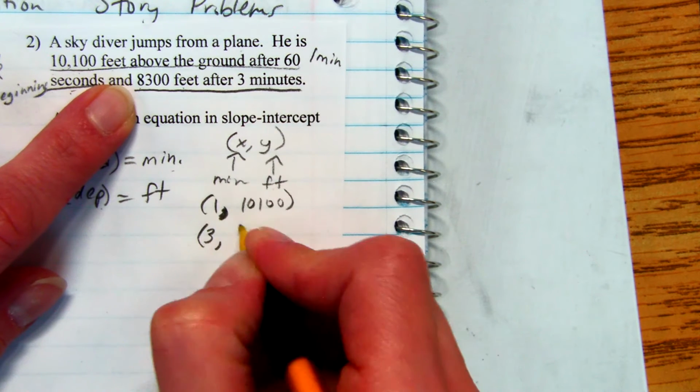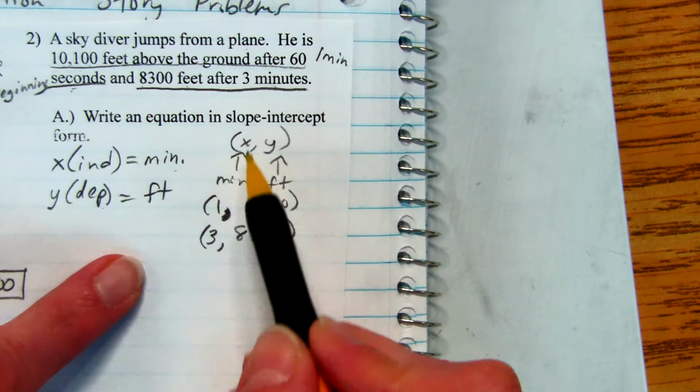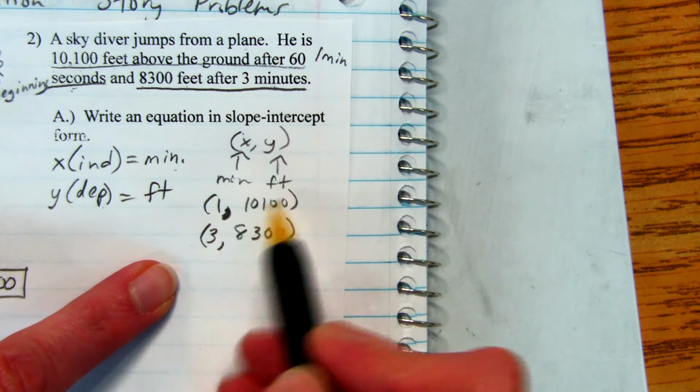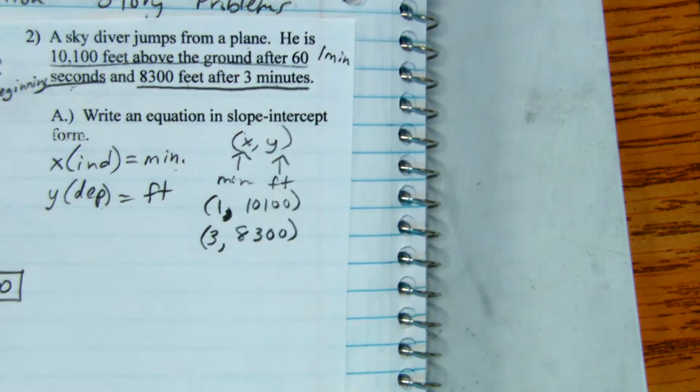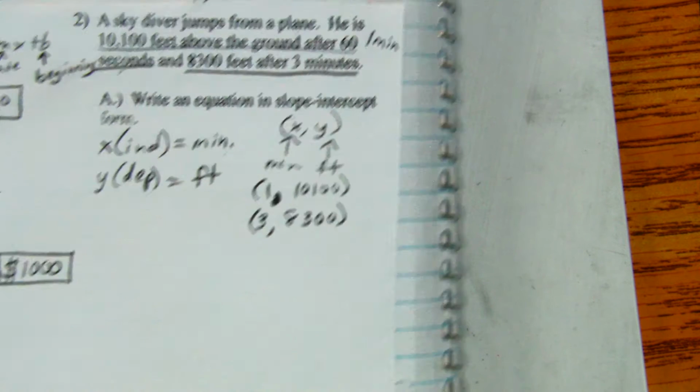So that'd be 3, 8300. So if I have this clearly defined, x is minutes and y is feet, I come up with 2 points. Well, guess what we just learned how to do last week? We learned how to write an equation when they give us 2 points. So now we just use the stuff that we've learned in the past to set up the equation.